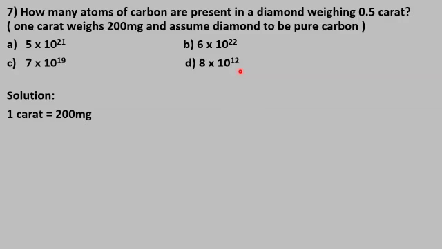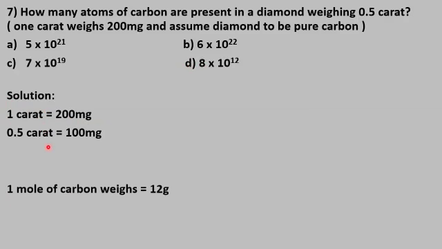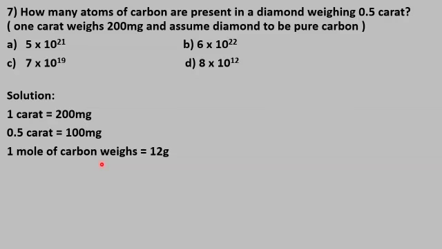So solution for this, here they given that 1 carat is equal to 200 milligram. So therefore 0.5 carat becomes 100 milligram. So 1 mole of carbon weighs 12 gram. So 12 gram of carbon contains Avogadro number of particles since it is 1 mole.